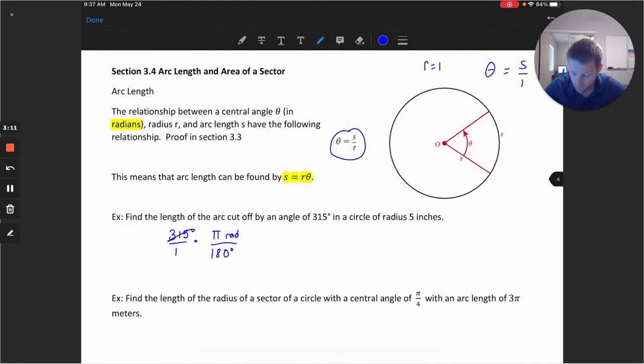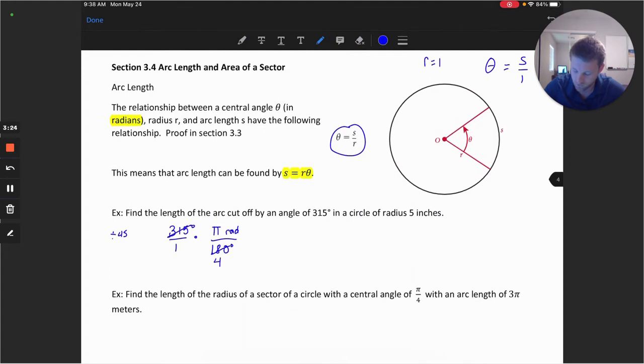They both have factors of 45. If we divide by 45, it divides into 180 4 times, and it'll divide into 315 7 times. So this angle 315 degrees is equivalent to 7 pi over 4 radians.